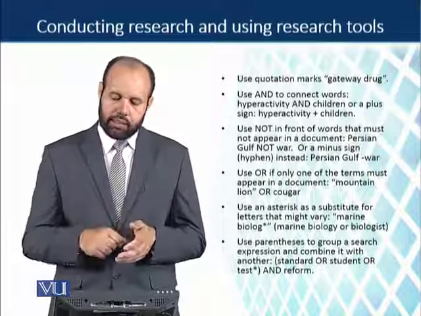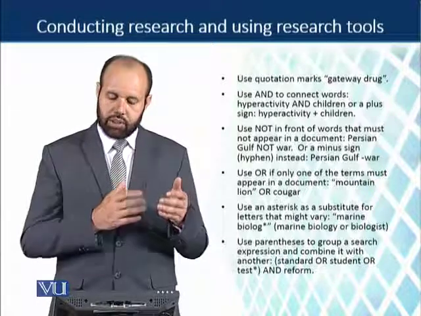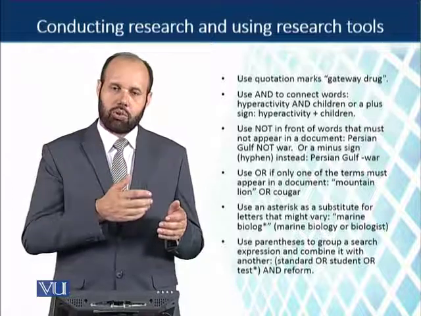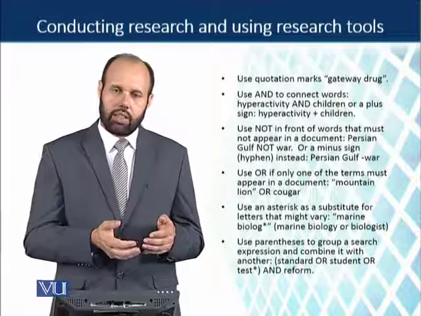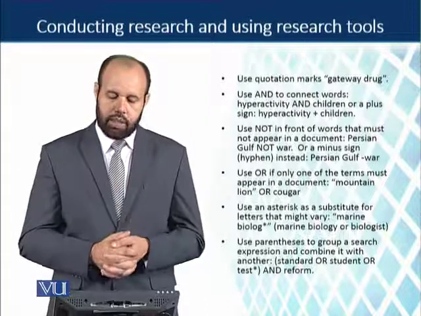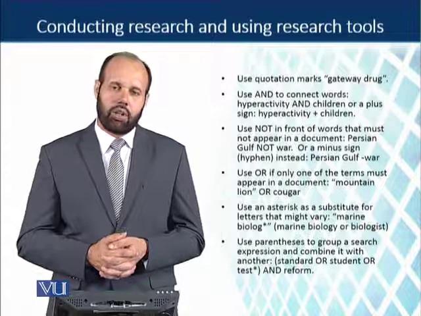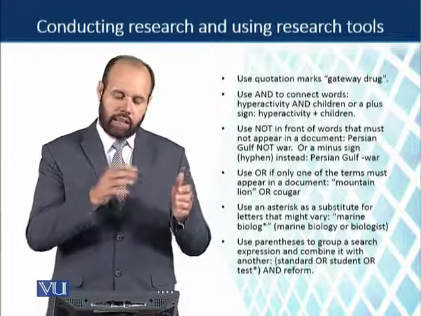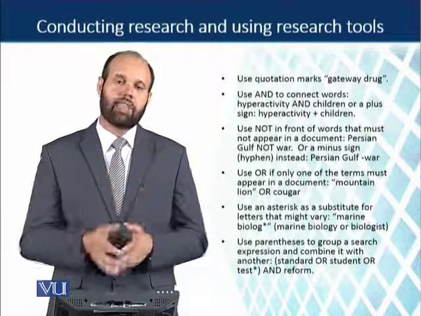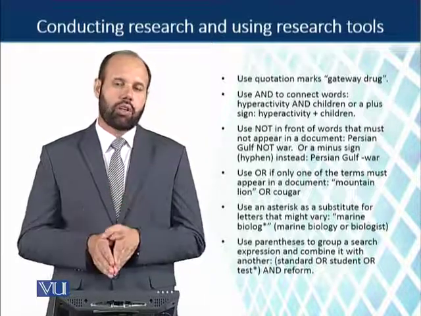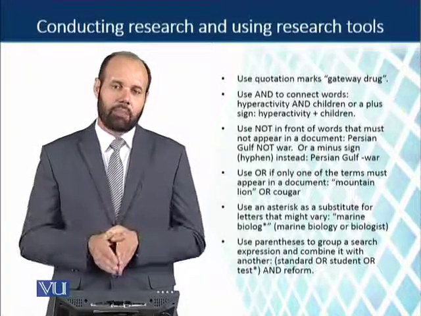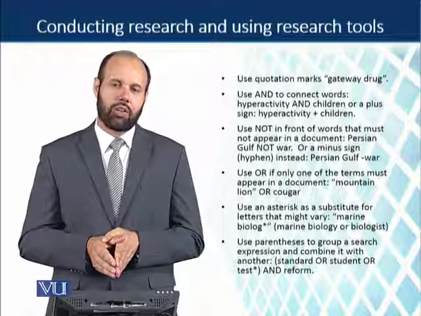In the parentheses, standard or student or test with asterisk. For the test, it could be testing, right? Or test, or tested, right? That is the variant form of a test which is acceptable, and the parentheses are used in order to combine them together. So these are some of the tips which you will use for your online search through databases, and you would be efficiently doing your research work.